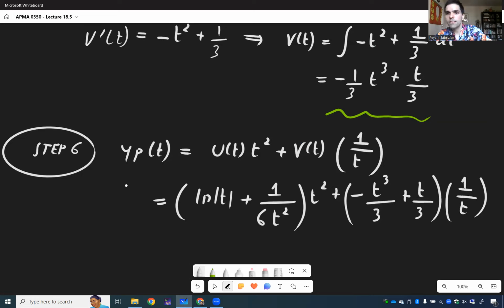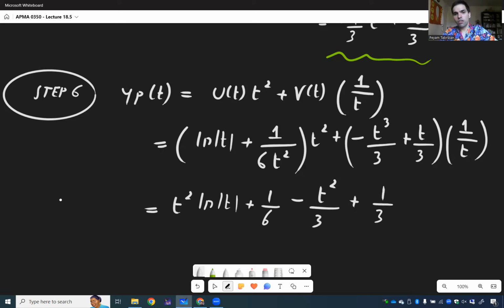Now, sometimes I may ask you to simplify this, which usually just means expand it out. So this becomes t squared ln of t plus 1 over 6 minus t squared over 3 plus 1/3.